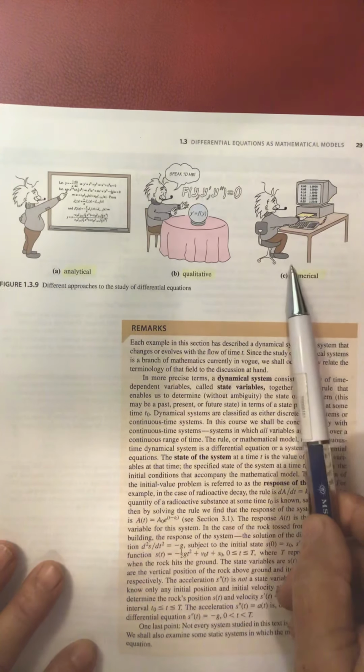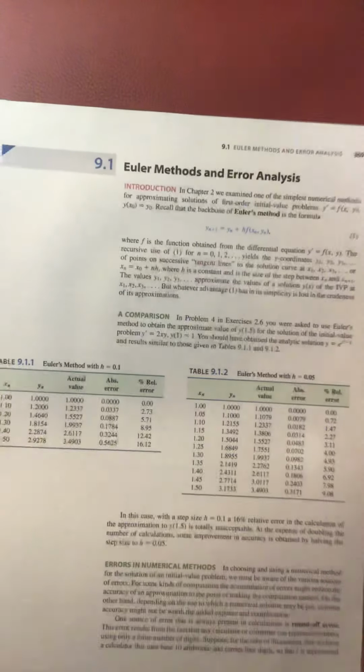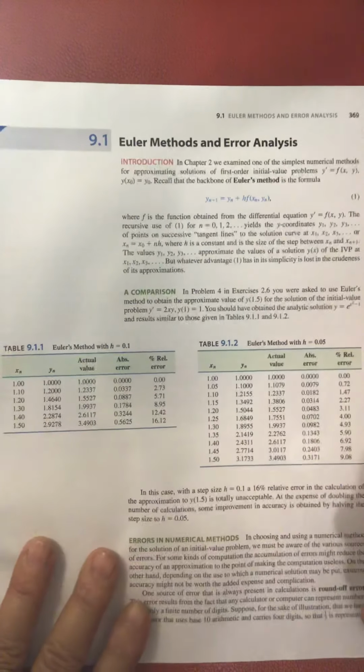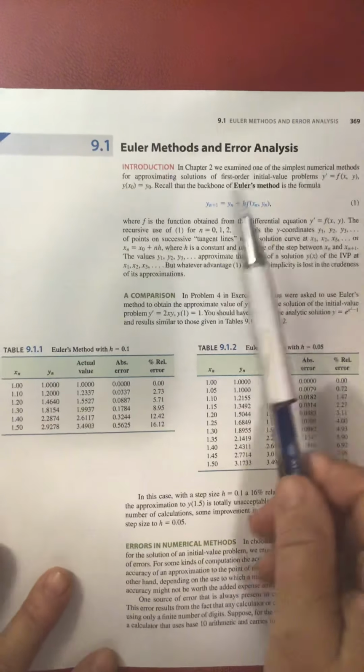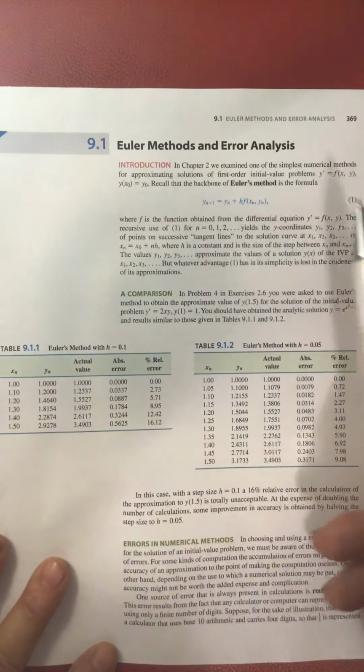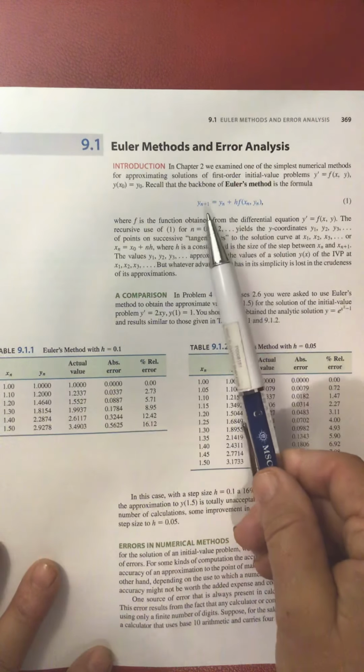But now numerical. We want to finish up by looking at a couple of numerical ways of solving differential equations. The first one is called Euler's method, and we did this back in calculus class.